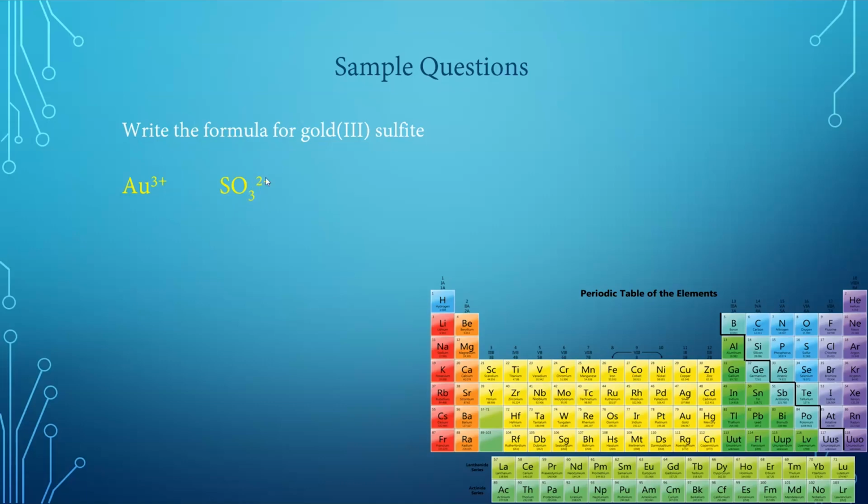This is another one of those even-odd combinations, so we're going to go with the common multiple of 6 again. So to get 6 positive charges, we would need 2 gold ions. To get 6 negatives, we would need 3 sulfite ions. So the formula would have to have 2 golds and 3 sulfites. That would give us 2 positive 3s for 6 pluses and 3 negative 2s for 6 minuses.